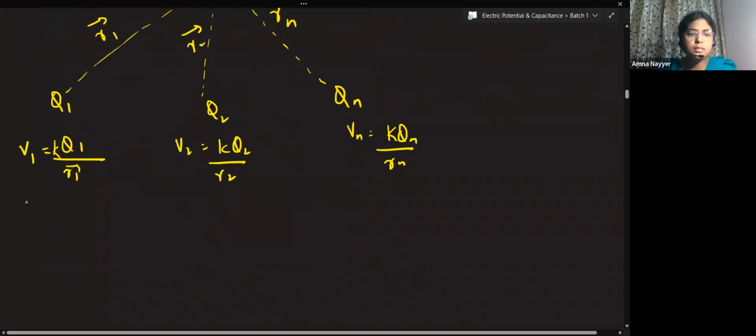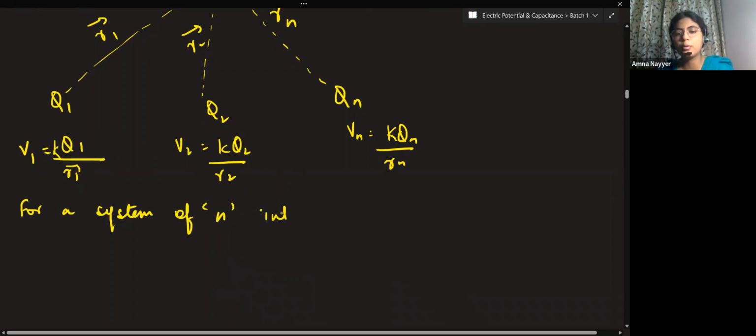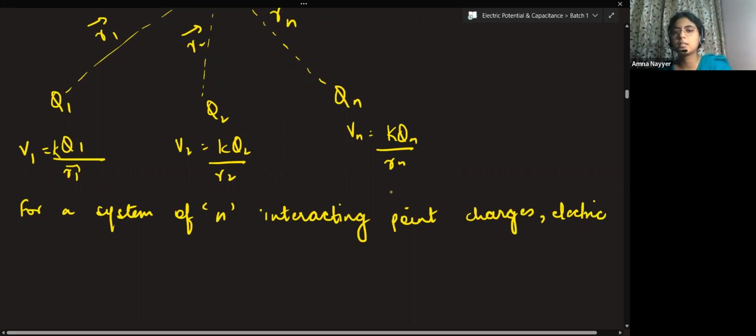So for a system of n interacting point charges, electric potential at a point.